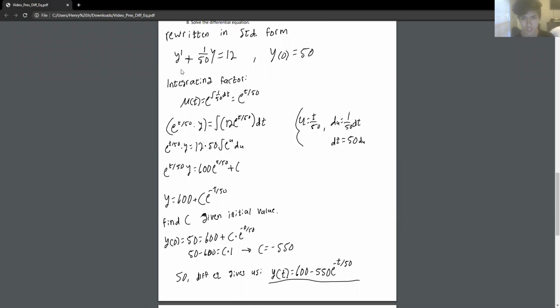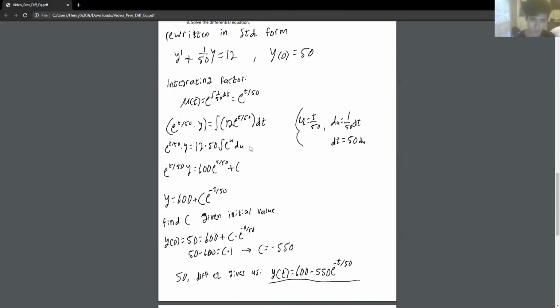Now, multiplying each term by the integrating factor gives us, on the left-hand side, e to the t over 50 times y, which is equal to the integral of 12 times e to the t over 50. To solve this, we can use u substitution, where u is t over 50, and finding du/dt, dt will turn into 50 du.